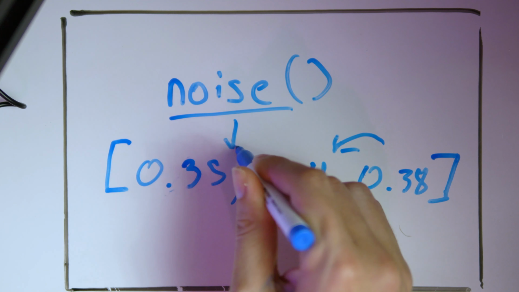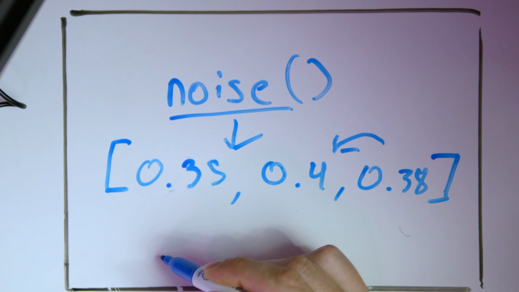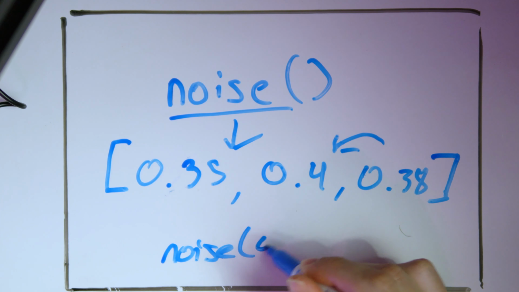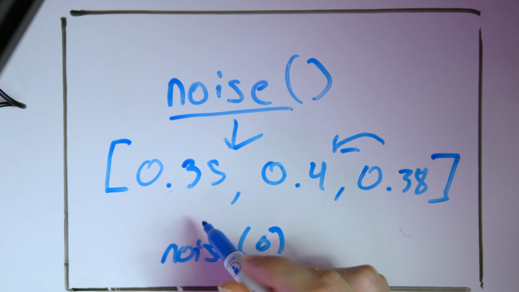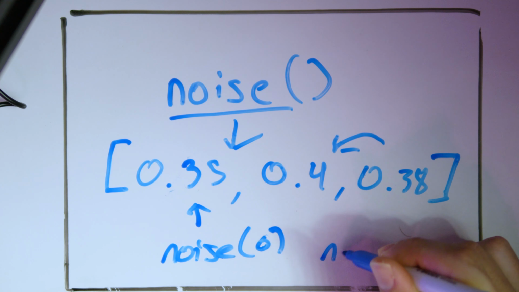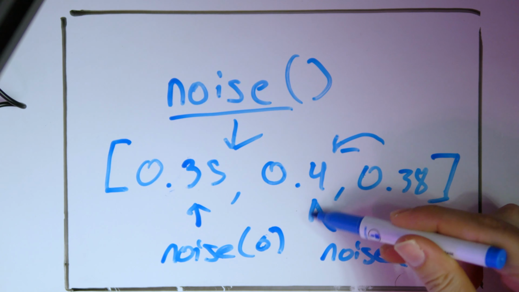So, for instance, as we begin to get our numbers from this noise function, and this noise function basically is this whole populated array right here, as we begin to call things, let's go ahead and say we want to call noise, and this is just going to be 0. If we call noise 0, well, we're going to get this value right here. If we go ahead and call noise 1, well, we're going to get this value right here.